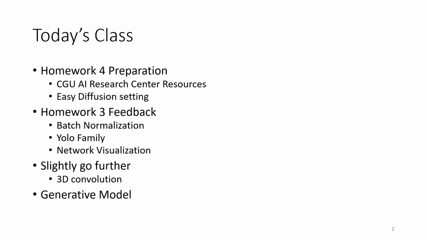Both can be recognized by convolutional neural networks, but for most image classification we use 2D convolution, but for action recognition, we use 3D convolution.